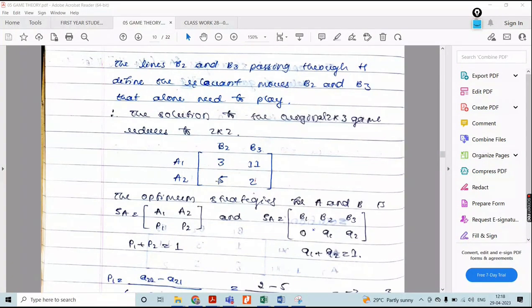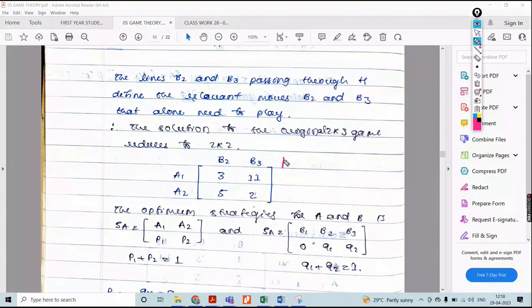Now I got this. What do you have to identify? Directly you should not go with this method. First you have to identify whether there is a saddle point or not. How do you identify? Row minima. What is the row minima of the first row? 3. Then for this row, the minima is 2. Then column maxima.